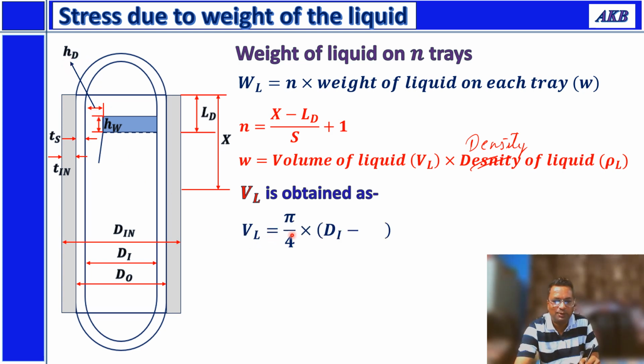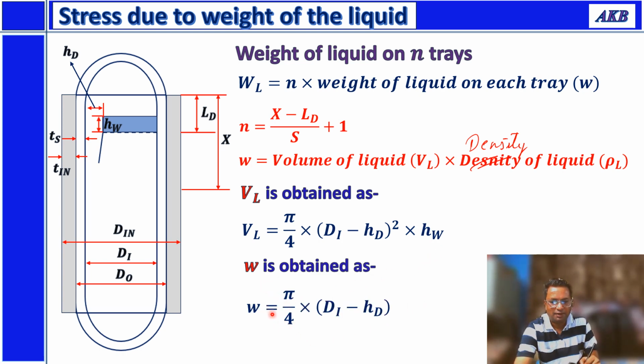That's why the volume will be pi by 4, and now you have to update the diameter by deducting the space occupied by the downcomer. So it will be (Di minus HD) squared into the height of the liquid on that tray. So VL will be pi by 4 into (Di minus HD) squared into HW. So W is obtained in this way.